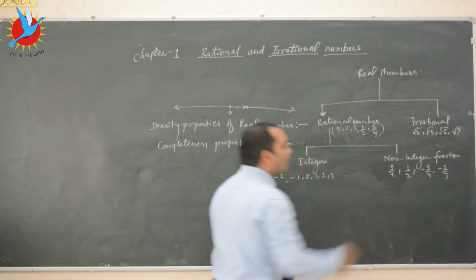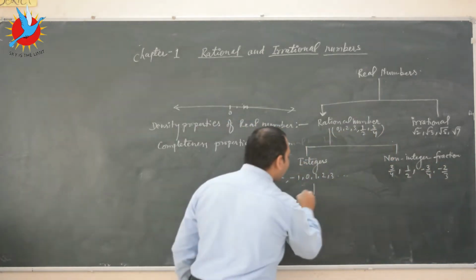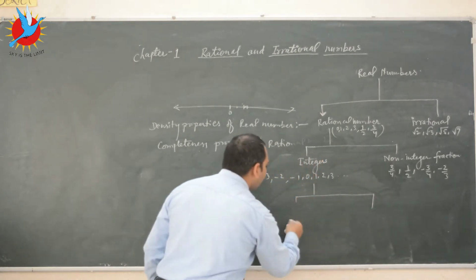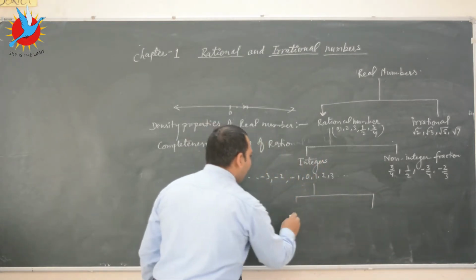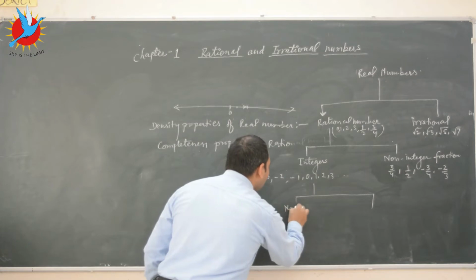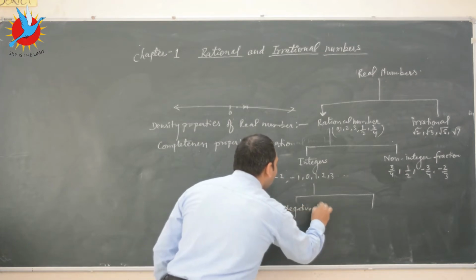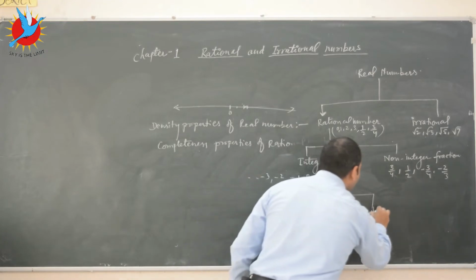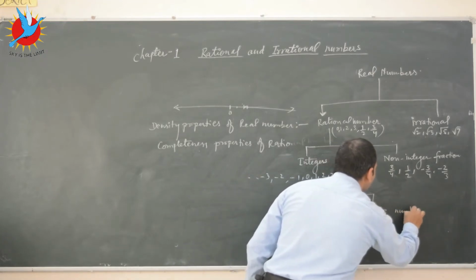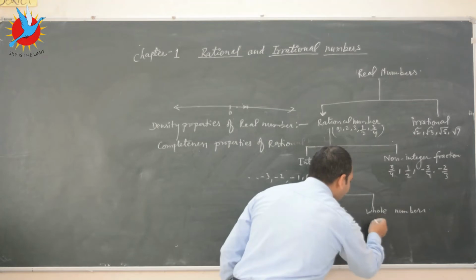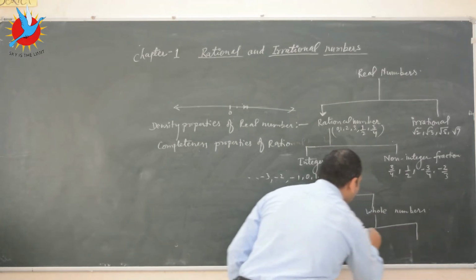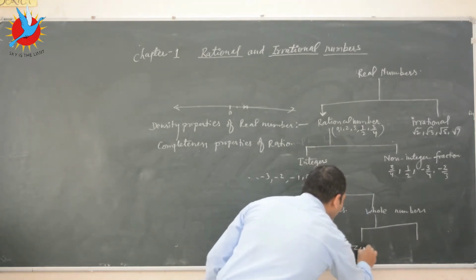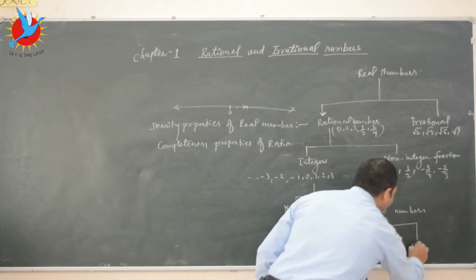And integers are of two types: all the negative integers and whole numbers, and whole numbers are of two types, zero and natural numbers.